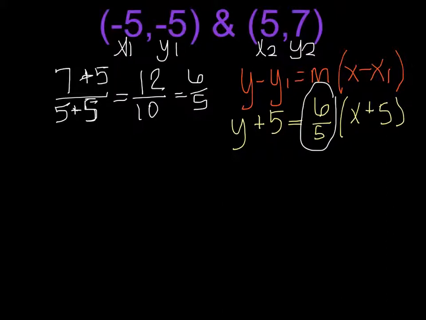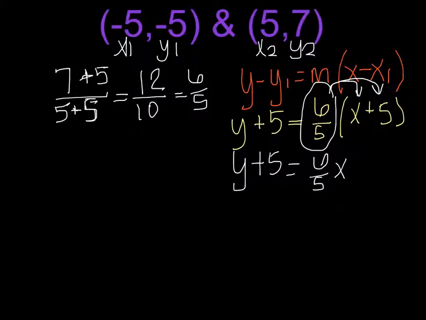We distribute the 6 over 5, so we have y plus 5 is equal to 6/5 x, and then we're going to multiply that 6/5 times 5 over 1. If you multiply straight across, you get 30 over 5. 30 over 5 is equal to 6.